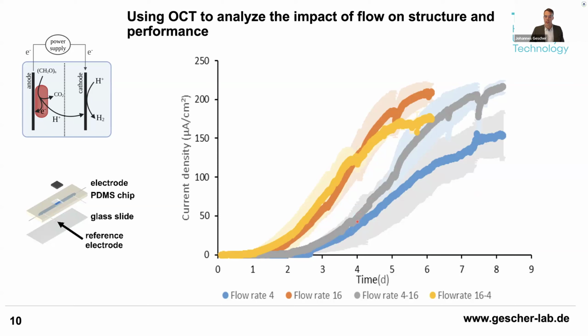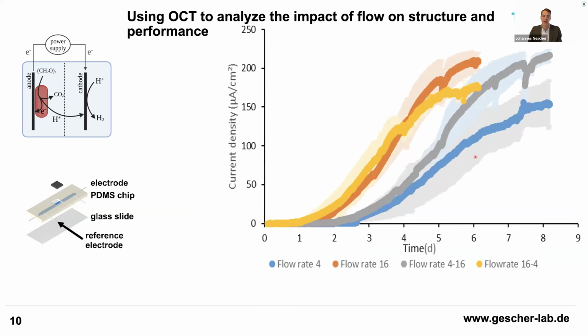As soon as we change the flow rate, the current density actually increases up to values that we saw when we also started with 16. But even more interestingly, if we start with 16 milliliters per minute and then we change the flow rate to 4, even here the organisms seem to remember the biofilm status that is most efficient compared to these 4 milliliters per minute.